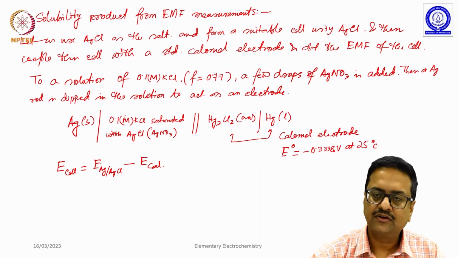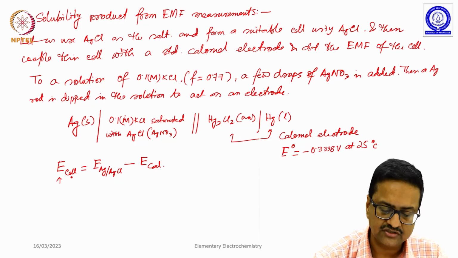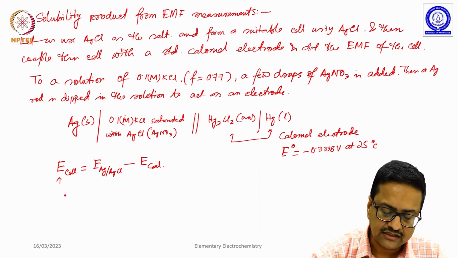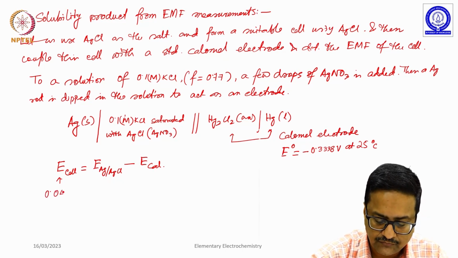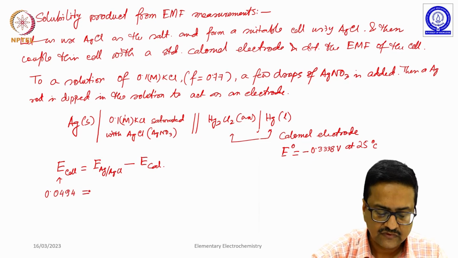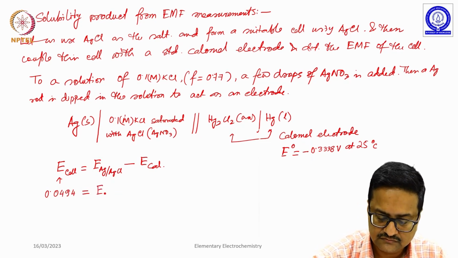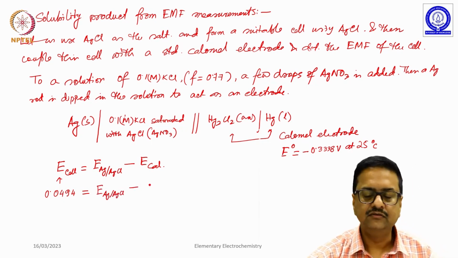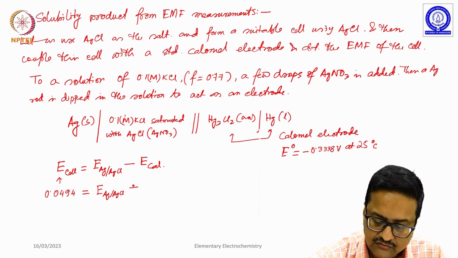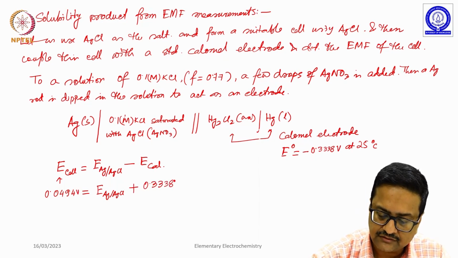So, now when we have constructed this cell, one can determine the E cell using a potentiometer, and suppose the E cell that we get from the potentiometer turns out to be 0.0494 volts, and E Ag is not known, and E calomel, which is minus that, when you write here it will become 0.3338, both in terms of volt.